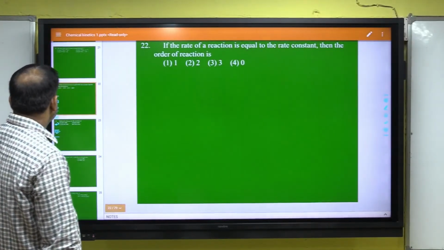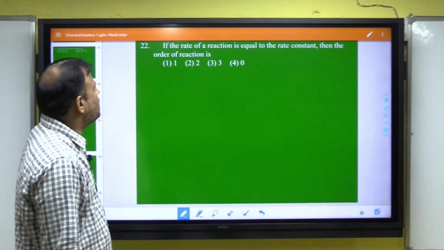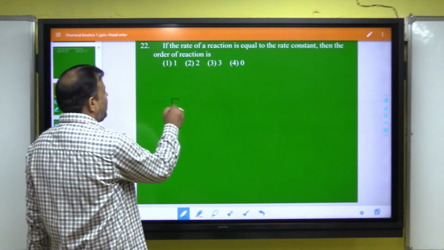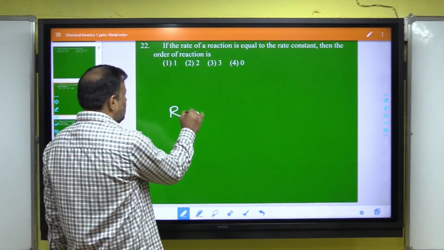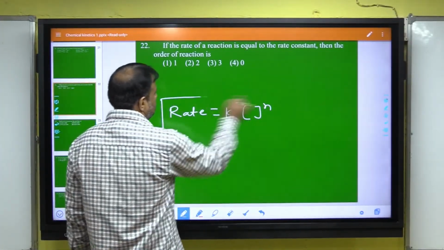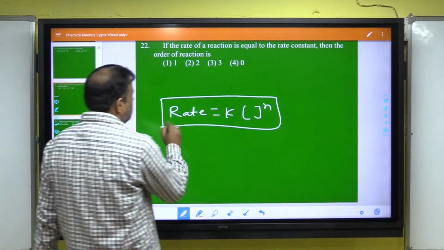22 number. If the rate of reaction equal to rate constant, again same, rate of reaction is equal to rate constant. Rate of reaction, we know that rate equal to K conc to the power n. Clear? Rate is equal to K conc to the power n.